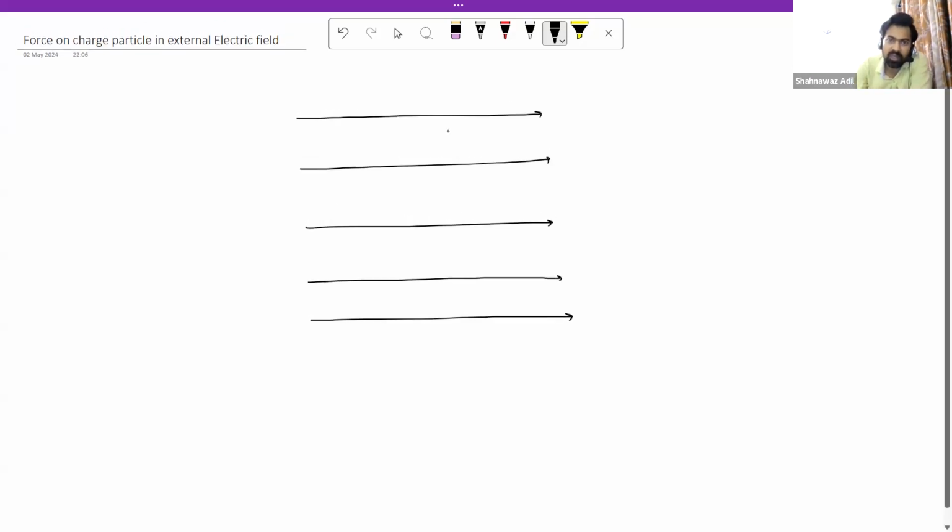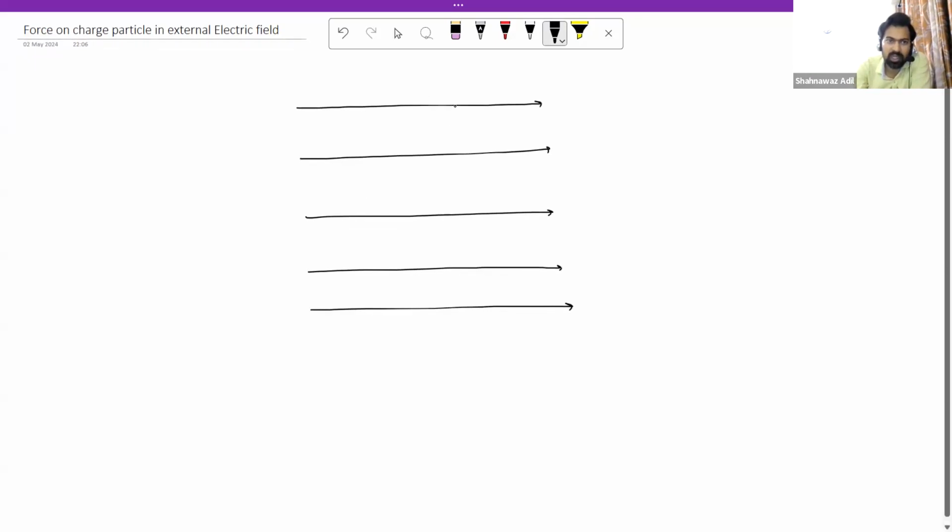Okay, so the topic is the force on a charged particle in an external electric field. We have only talked about the force between 2 charges. Now in this case, you don't have 2 charges.